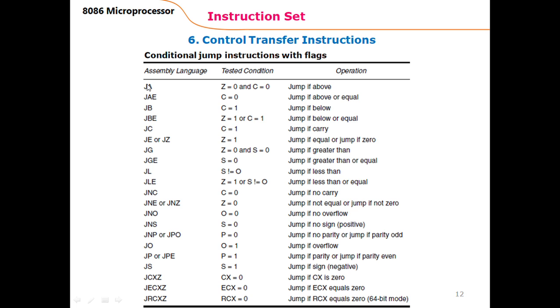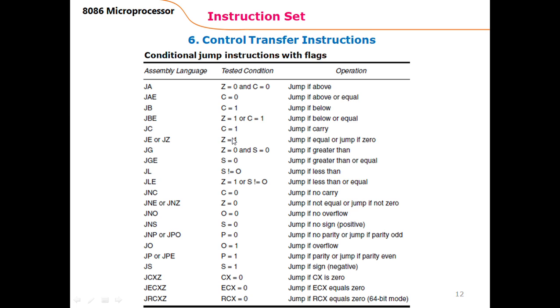So jump if above checks if the zero flag is 0 and if the carry flag is also 0. So this instruction checks these two flags. Jump if above or equal checks if the carry flag is 0, and jump if below checks only the carry flag, but jump if below or equal checks both the zero flag and the carry flag.